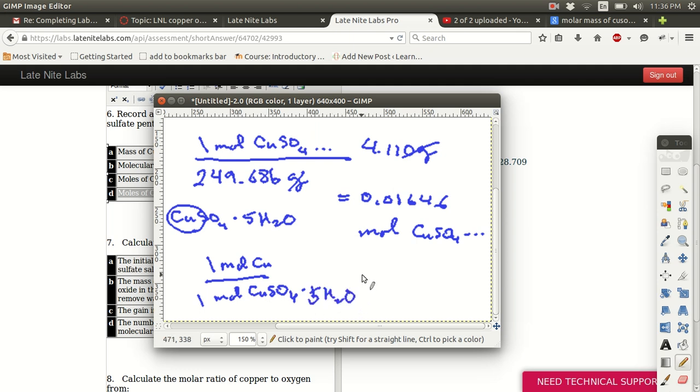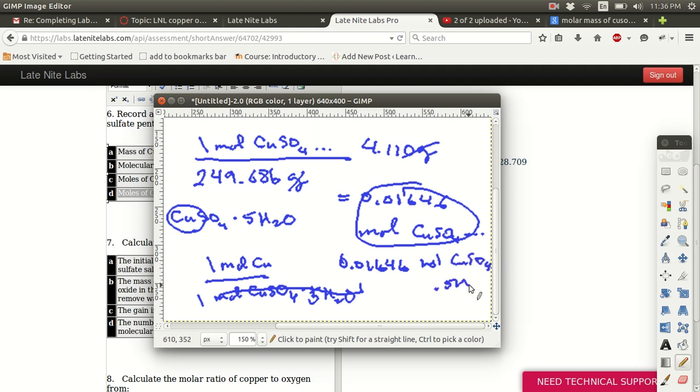pentahydrate, right? So what does that mean for the number of moles of copper that I actually had? Well, this is the number of moles of copper 2 sulfate pentahydrate I had. So I can cancel these moles of copper 2 sulfate pentahydrate if I write in here 0.01646 moles of copper 2 sulfate pentahydrate.